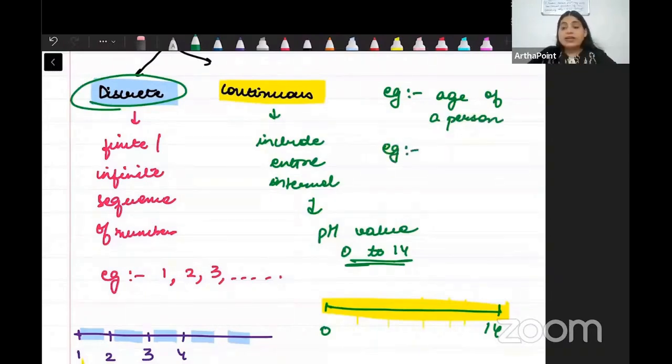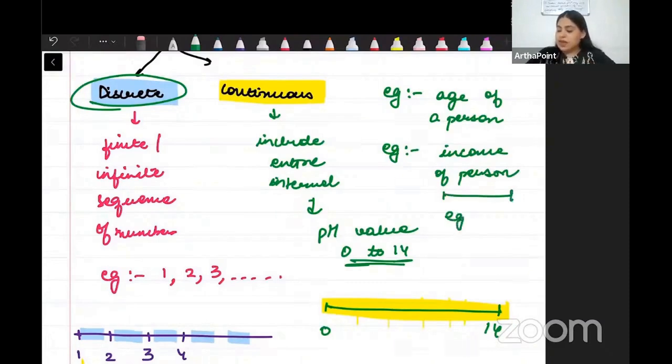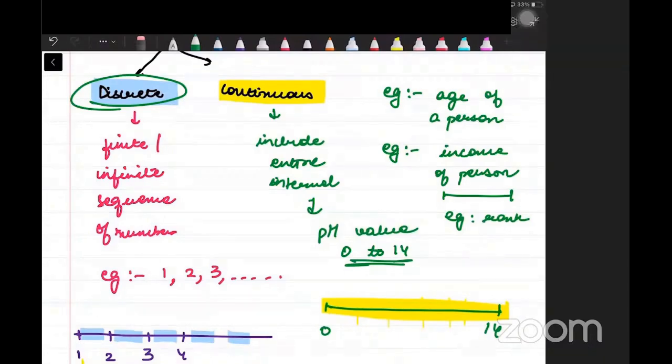And a continuous variable can be the income of a person, if you want to include all possible numbers in it. Then, as I gave, rank is a discrete variable. So you wanted me to write these examples? Yes, ma'am. Okay, so these are some of the examples.